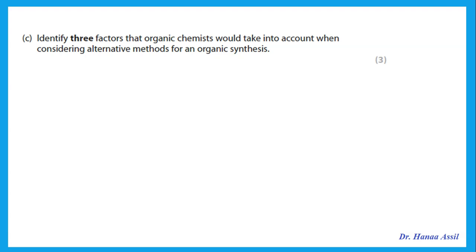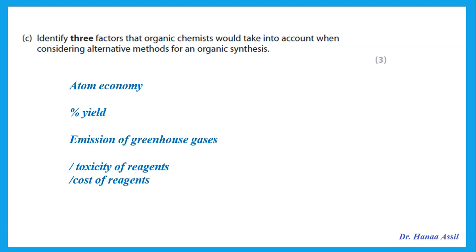Identify 3 factors that organic chemists will take into account when considering alternative methods for an organic synthesis. How do we decide which procedure we should use to prepare a certain compound? You should realize that we should take into account, for example, the atom economy.